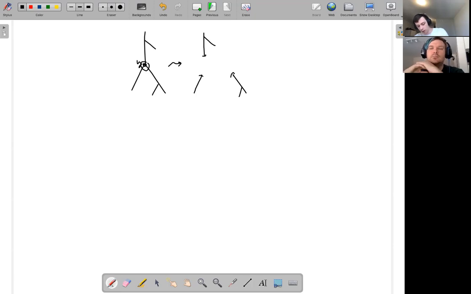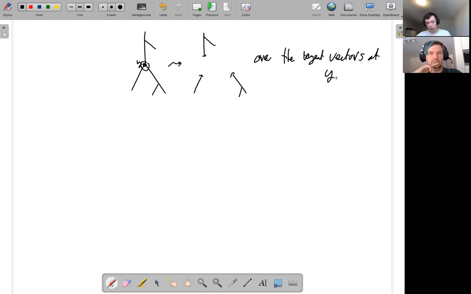So these things are the tangent directions. Right, so it's just the set of connected components of the tree with the point y removed.